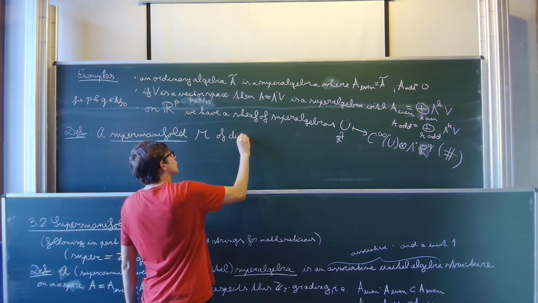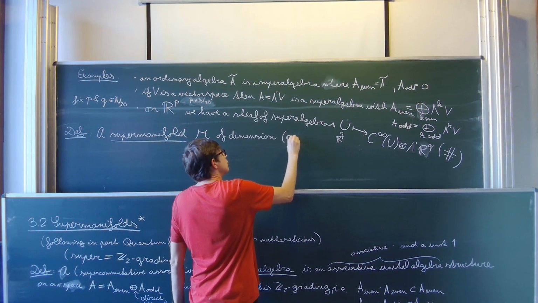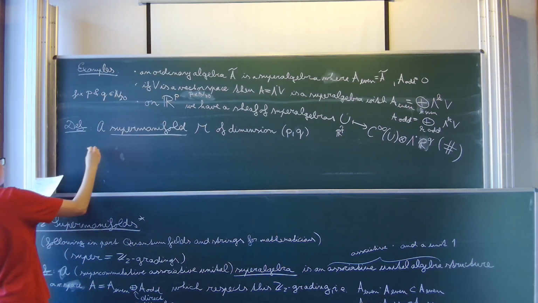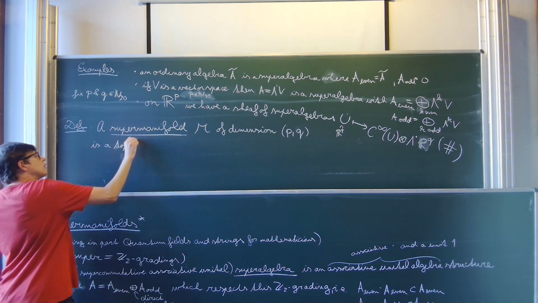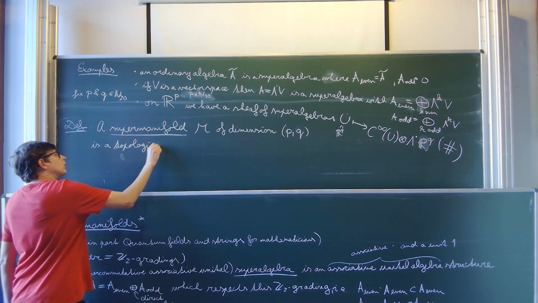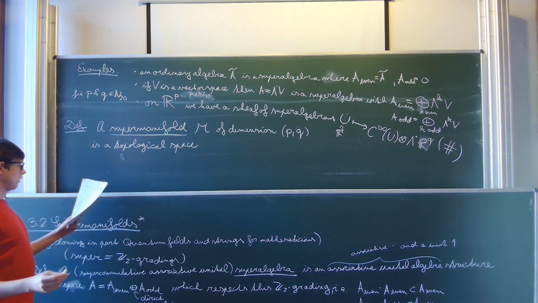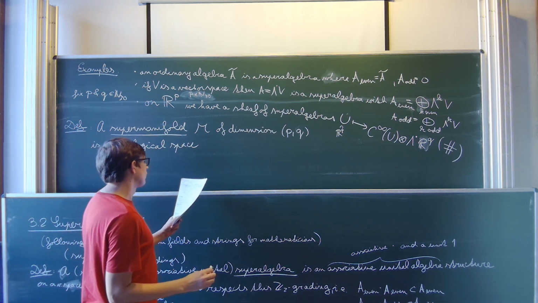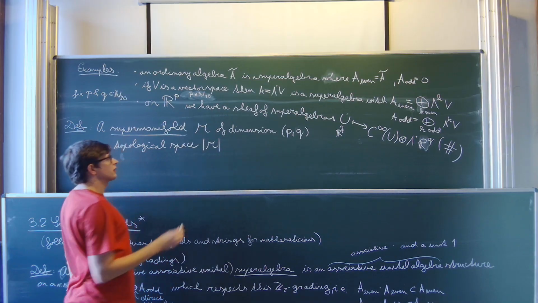In this case, the dimension would be a pair of numbers, dimension p|q, is a topological space. We'll make a remark in here about what kind of topological space. So far, let's take any. A topological space which will be denoted like this.